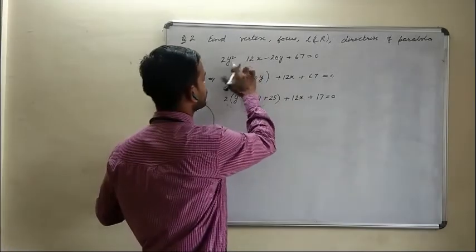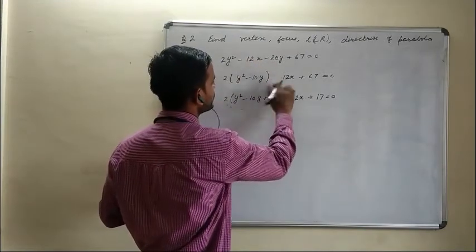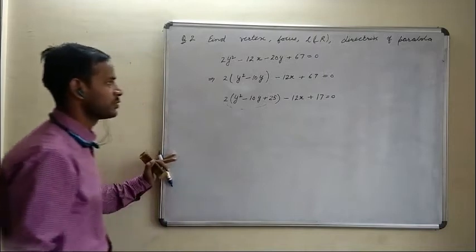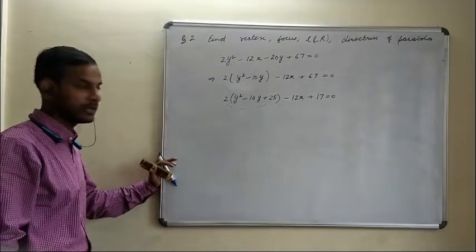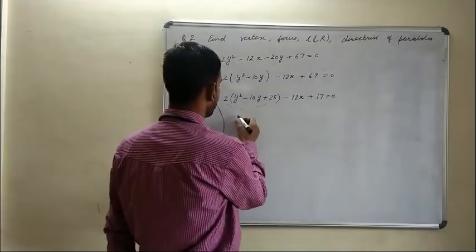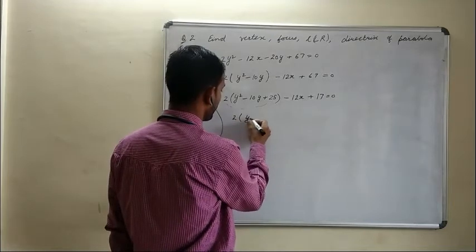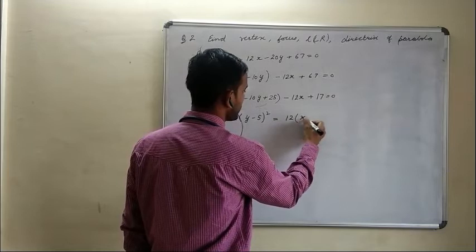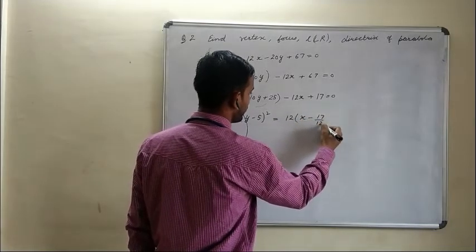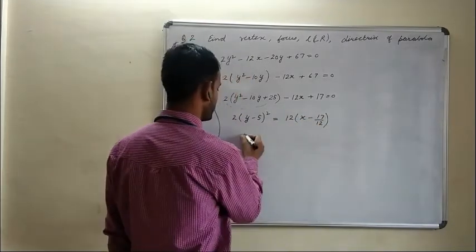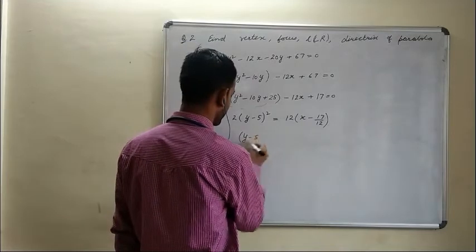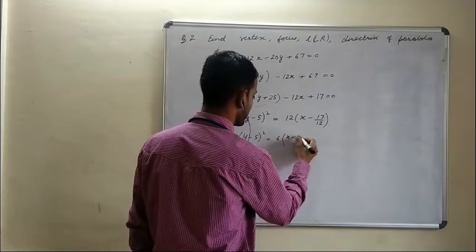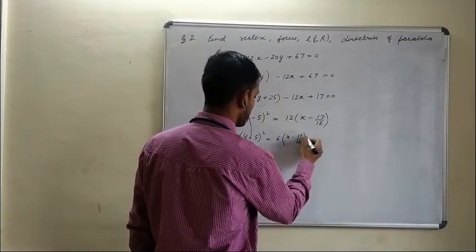So the equation becomes twice of y minus 5 whole square is equal to 12 times x minus 17 by 12, which is y minus 5 whole square is equal to 6 times x minus 17 by 12.